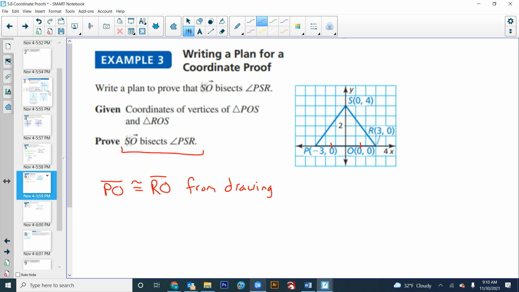See it? Preston? SO is congruent to SO. SO, congruent to SO? Reflexive property.